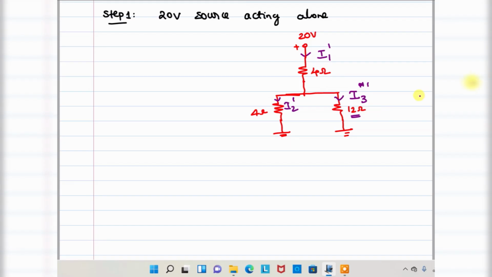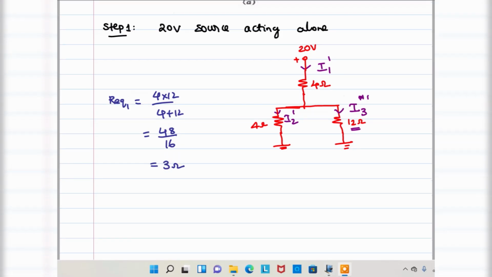So simple. See here. I want the current here, right? That's why first I am going to find out the current I1. These two are connected in parallel, 4 and 12. So R equivalent 1, for example, 4 into 12 by 4 plus 12, that is equal to 48 divided by 16, that may be equivalent to 3 ohms. Now this 3 ohms is in series with this 4, because these two combination I got 3.